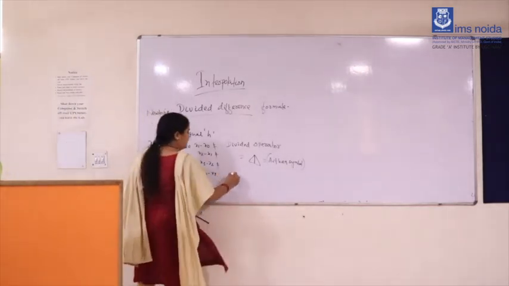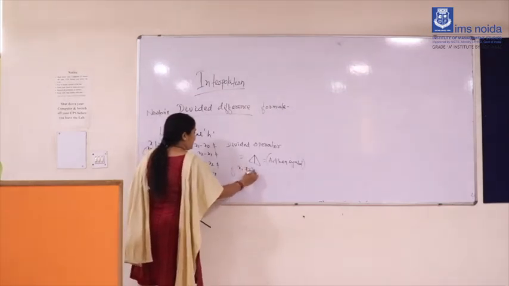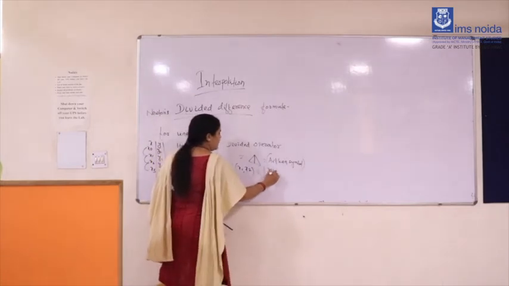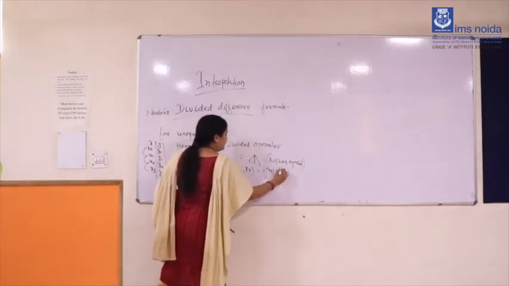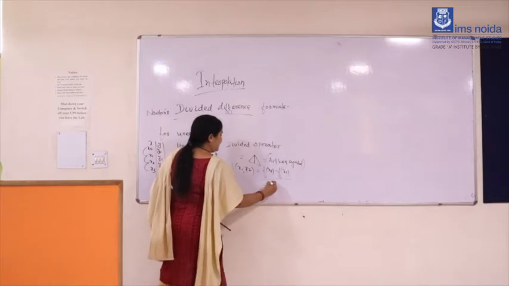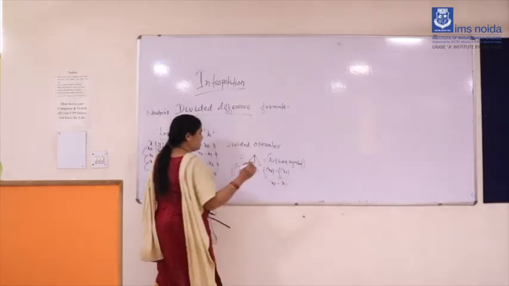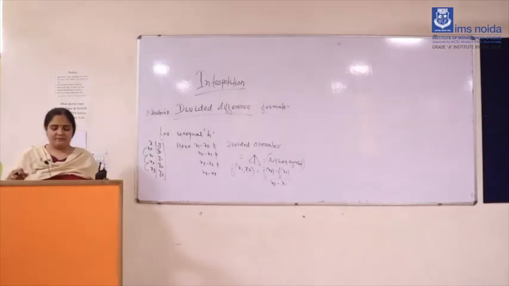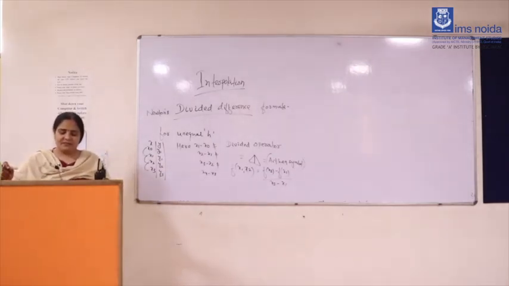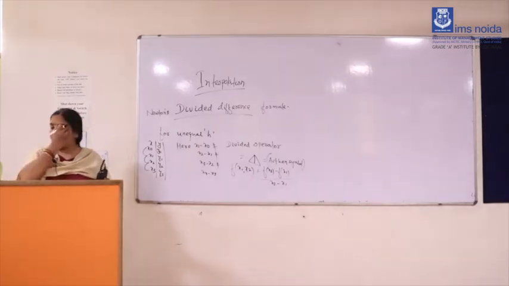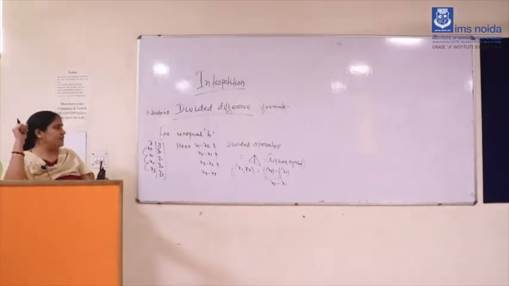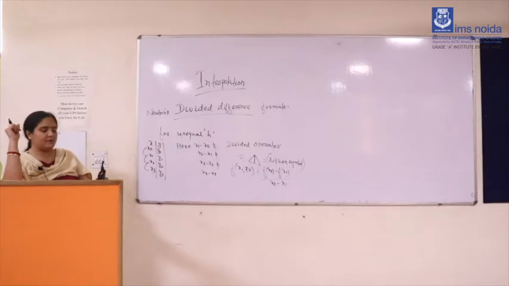You can write f(x2) minus f(x1), divided by x2 minus x1. This is your first operator. So this is all about finding the value in Newton's divided difference formula.